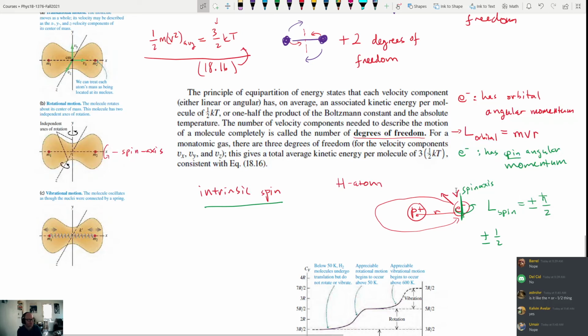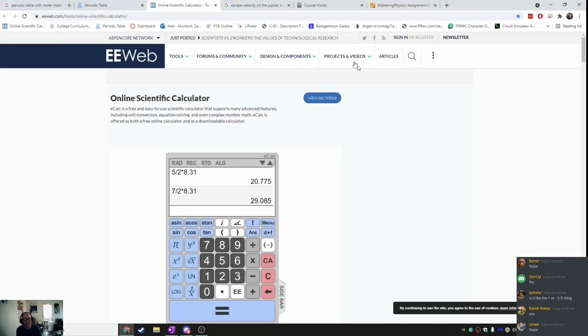So if you want to put another electron into this orbit here, it cannot have positive 1/2. It has to be negative 1/2. So if I want to put two electrons inside of this one orbital here, then one of them is going to be plus 1/2 and one of them is going to be minus 1/2. Okay? And we can take this a step further.